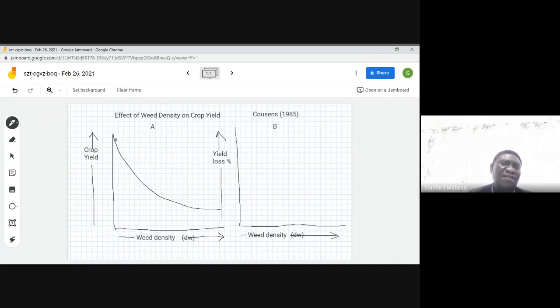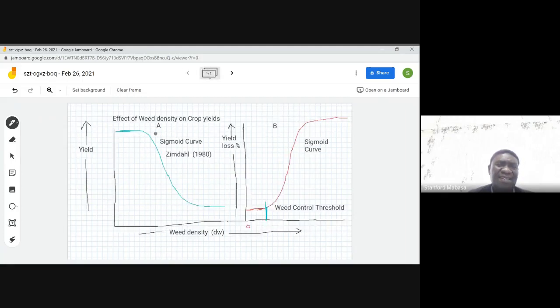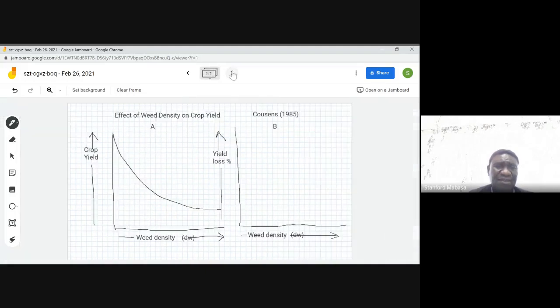There's no point of stagnation. It starts right here. So this is according to Cousins. When you look at the yield loss, it starts straight away, as long as you have weeds, there's a loss. And you have this like that.